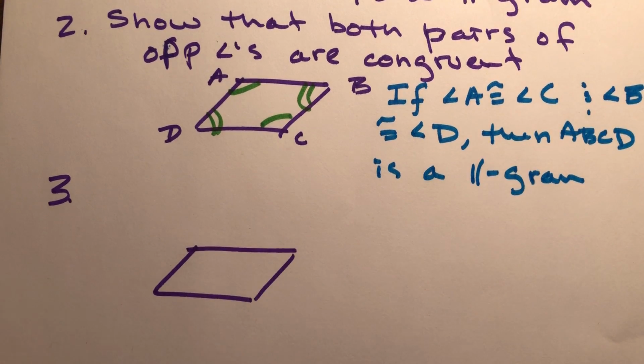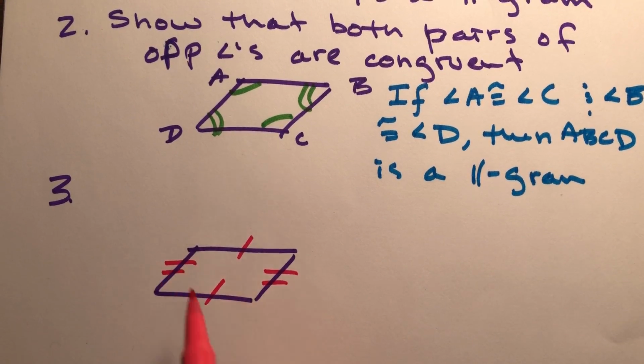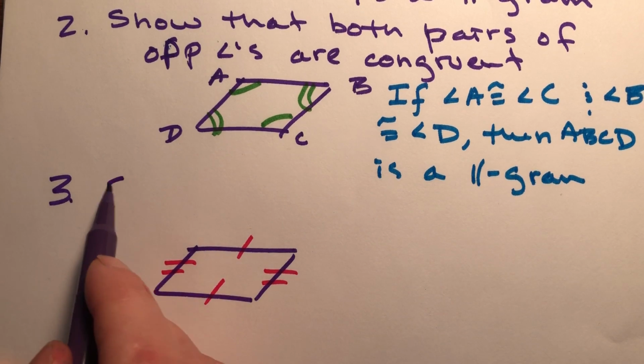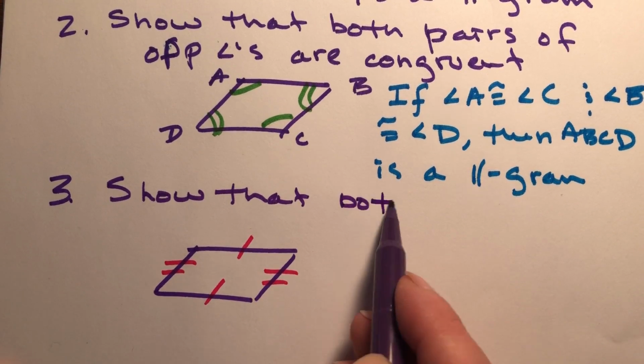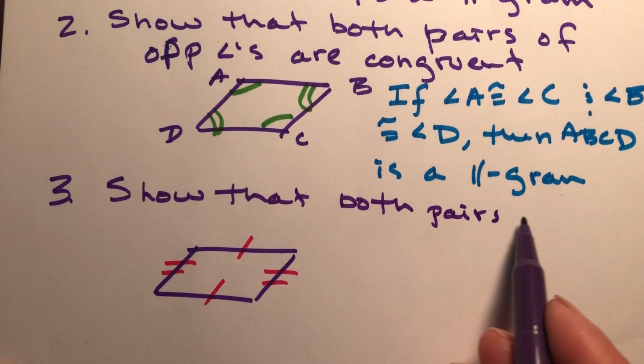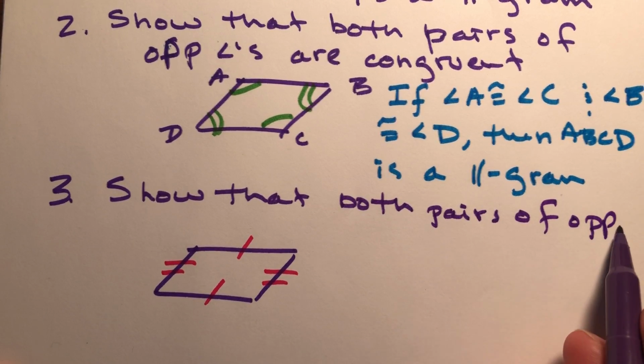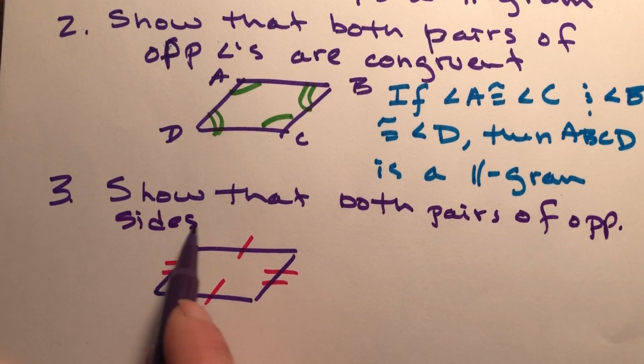We can also do opposite sides congruent. So show that both pairs of opposite sides are congruent.